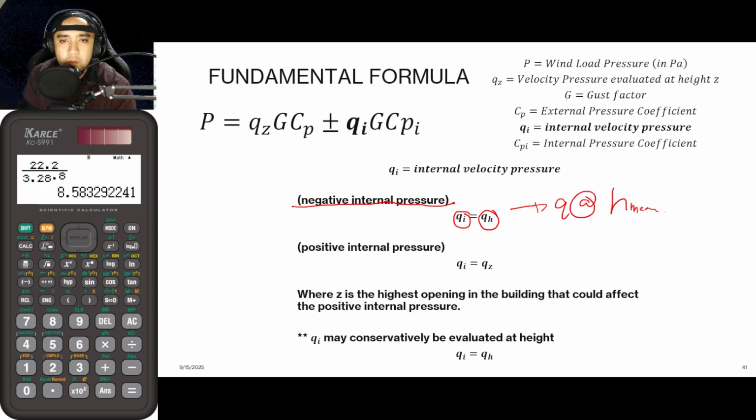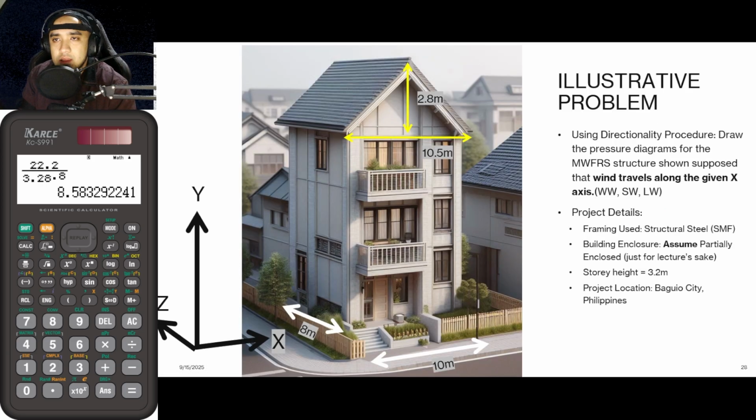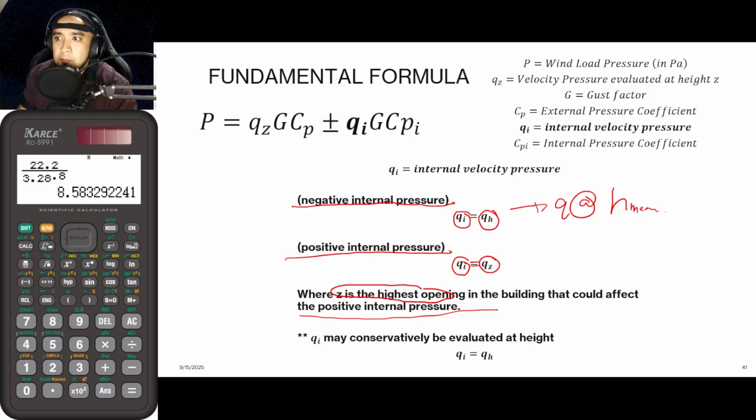Okay. So for positive internal pressure, we would be making use of Qi equal to Qz, where Z is the highest opening in the building that could affect the positive internal pressure. However, it is not indicated in the problem where that location is. So from that, guys, it is also allowed in the code that Qi may conservatively be evaluated at height.